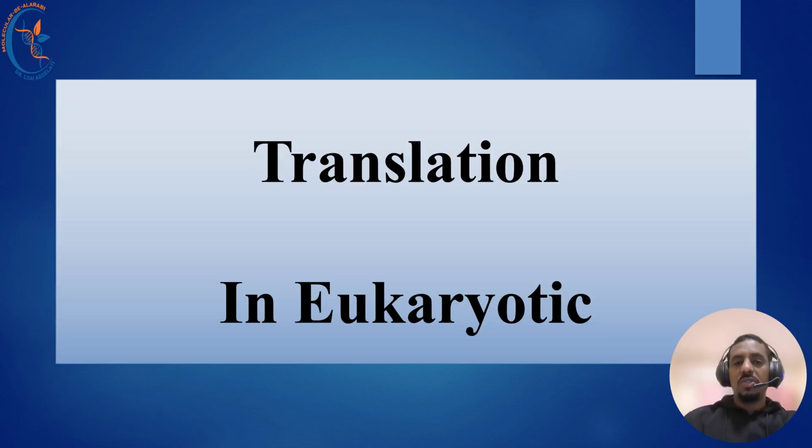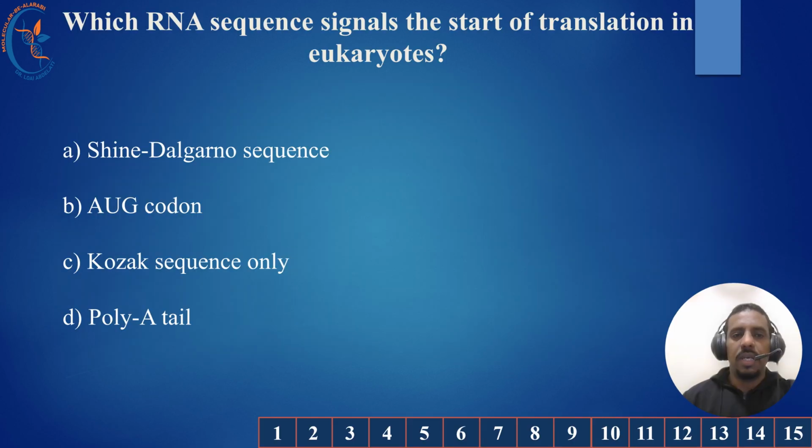Okay, now let's focus on the questions related to translation in eukaryotic cells. A review ASCP question from previous exams. The first question we have today is: which RNA sequence signals the start of translation in eukaryotes?